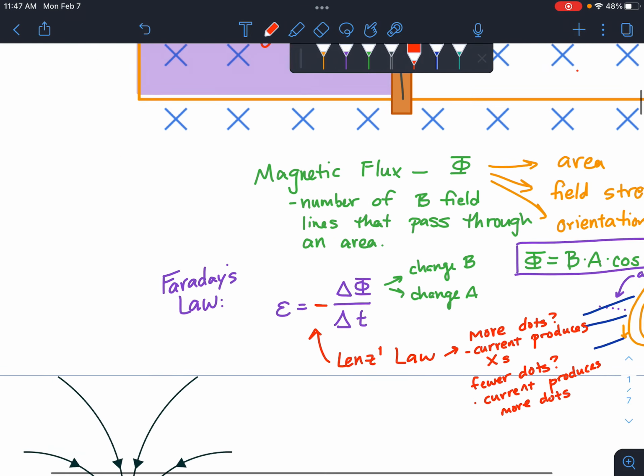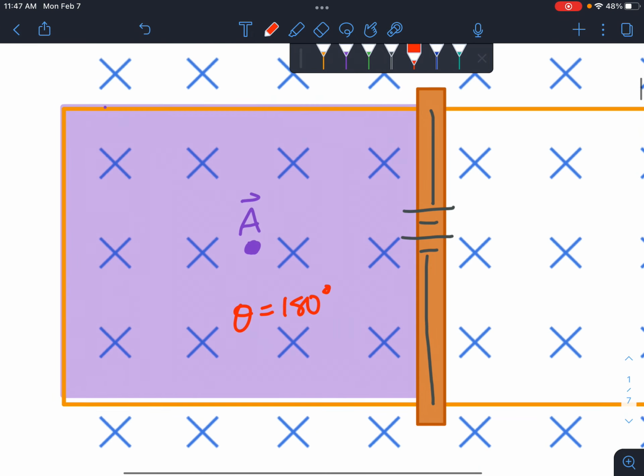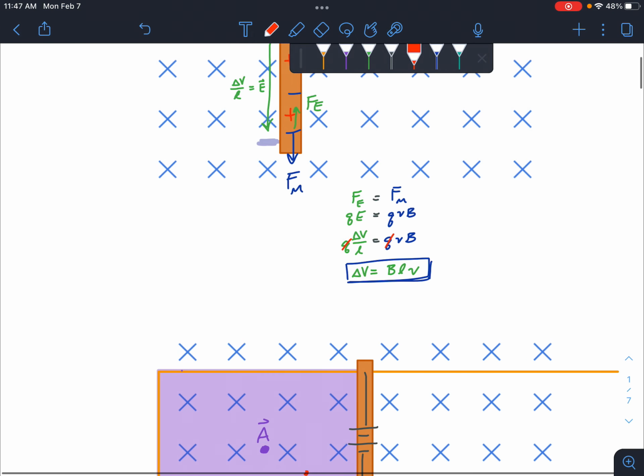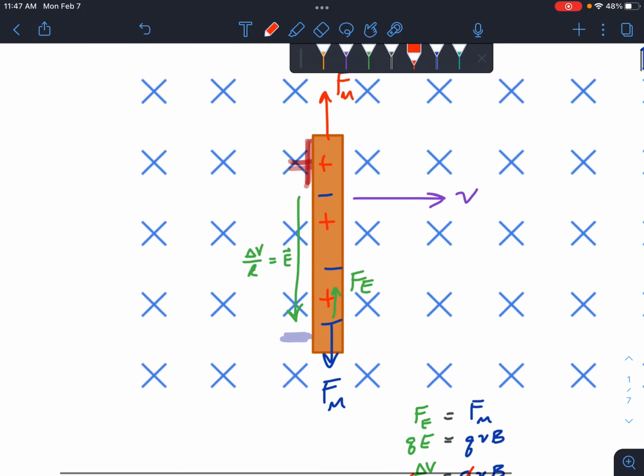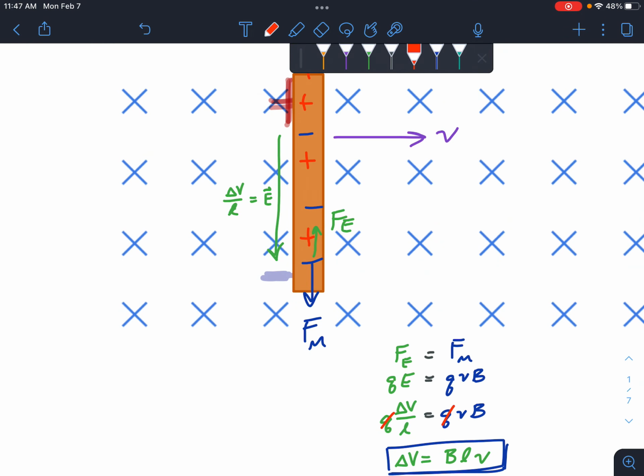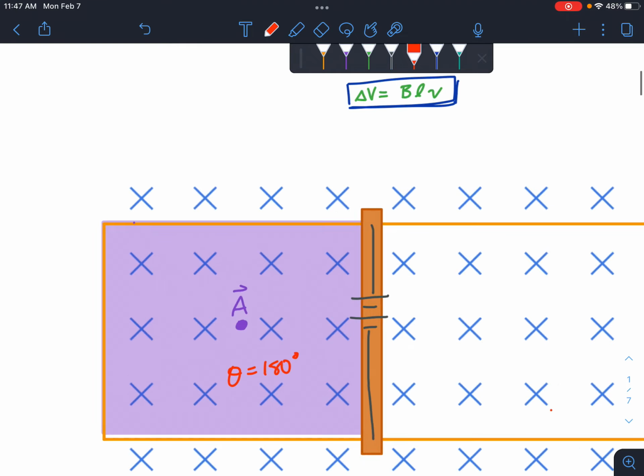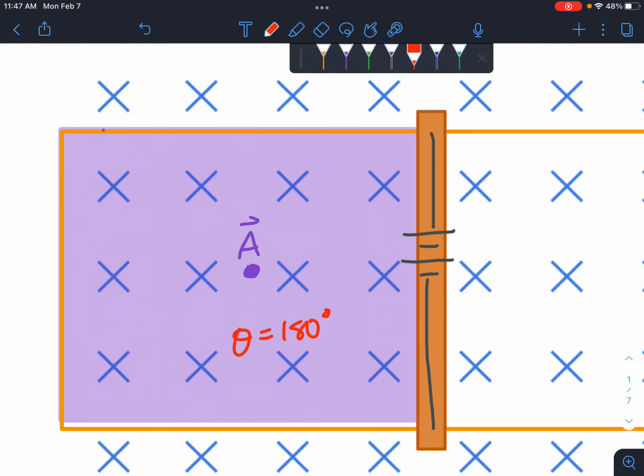Okay, let's take a look. So we said up here that this bar moving to the right through this magnetic field will produce a positive potential at the top of the bar and a negative potential at the bottom of the bar. So it's just like having a battery wired up in this direction.